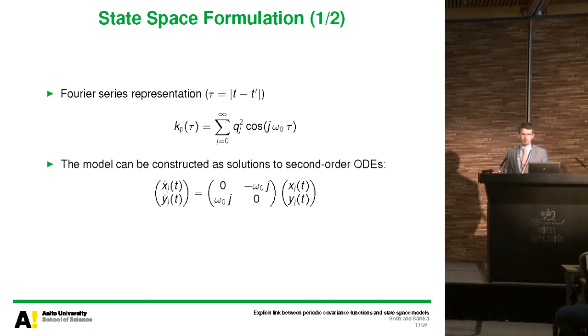Now we can think of what sort of differential equation could be used to approximate this sort of model. It's quite apparent that the second order differential equation that gives solutions as sines and cosines is the way to go. So basically we wrap up the polar coordinates into a differential equation.